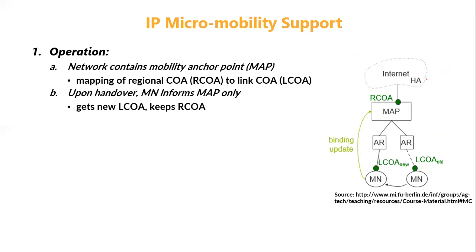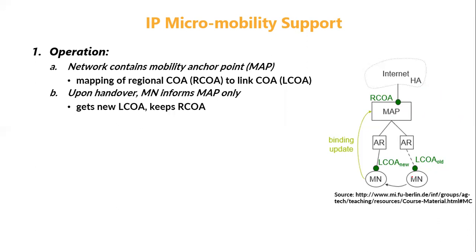In that case, the mobile node will update the HA, that is, I'm connected with some other MAP. Like that, it will update the HA, and that MAP also will inform this particular MAP. So that if there is any packet sent to that particular node, this MAP will send it to the new MAP, the new mobile anchor point.